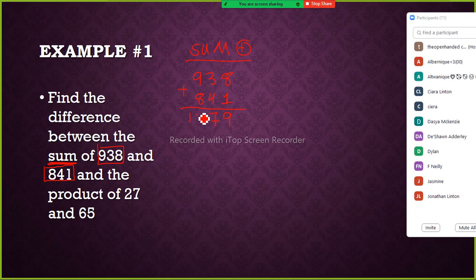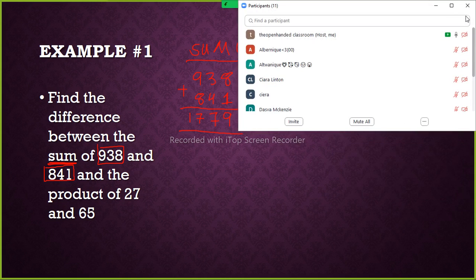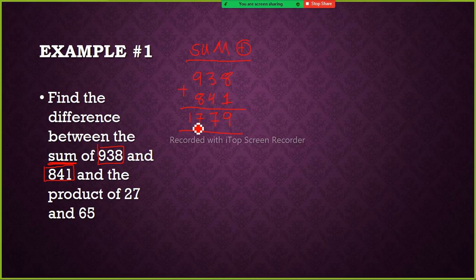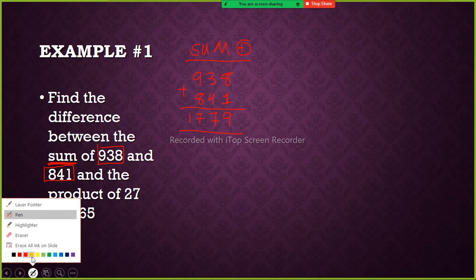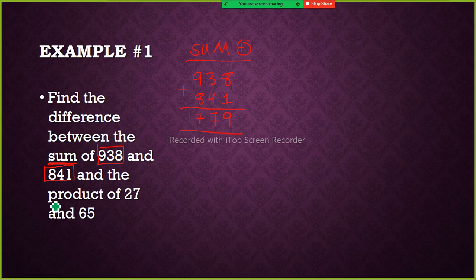Very good. So the sum of 938 and 841 is 1,779.